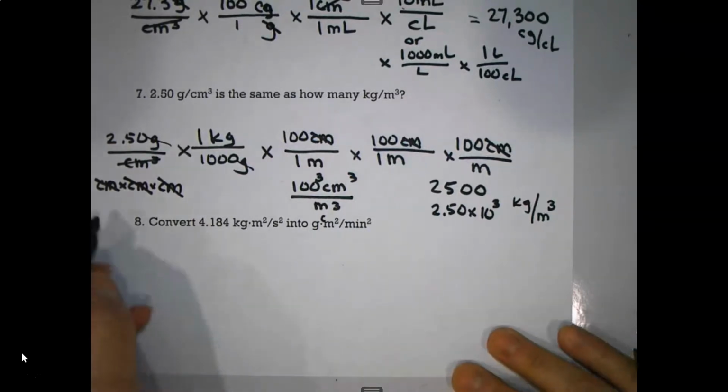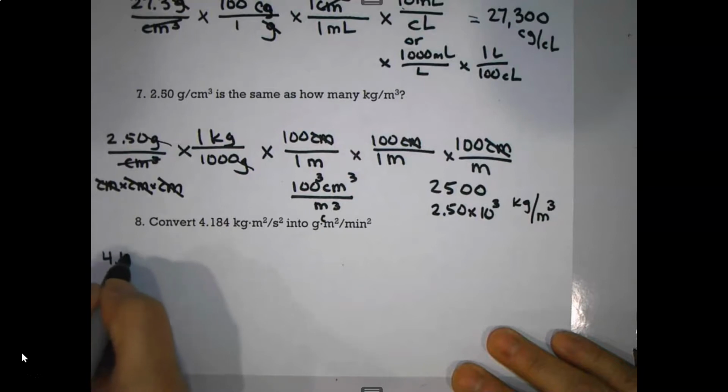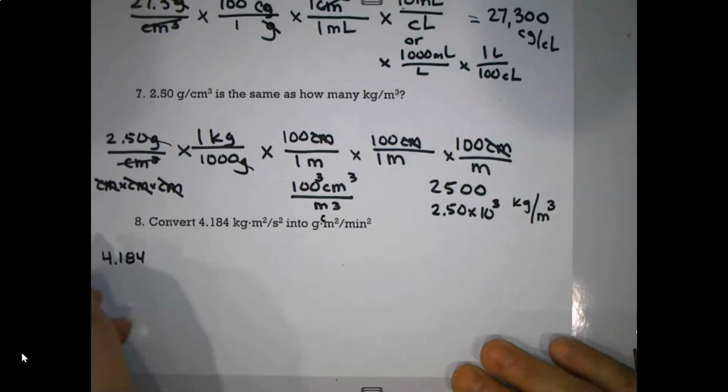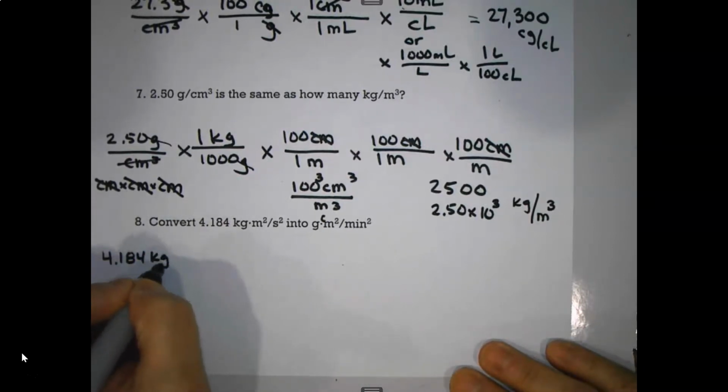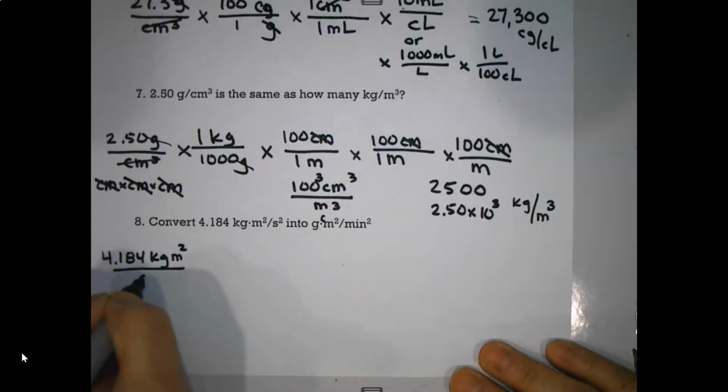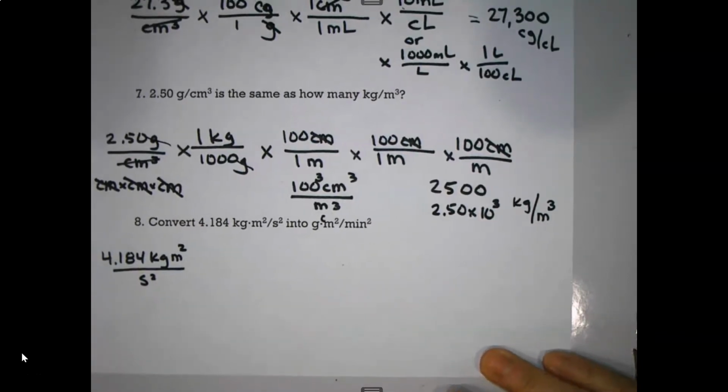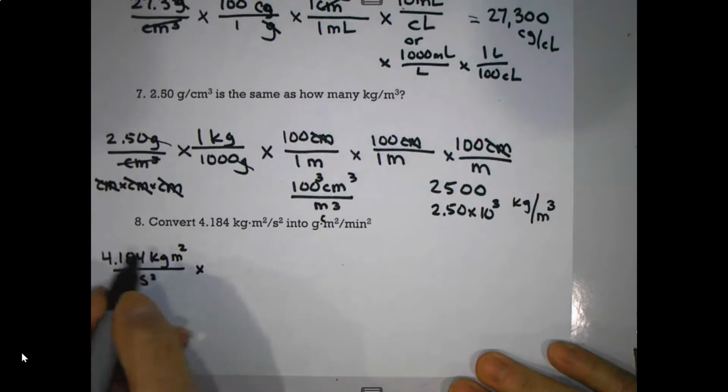It looks complicated, but do 1 unit at a time. 4.184 kilogram meters squared per second squared. That's what it should look like to start your problem off.